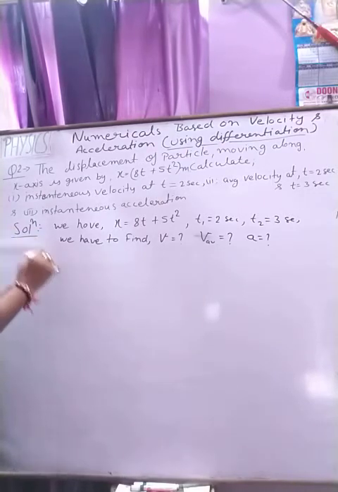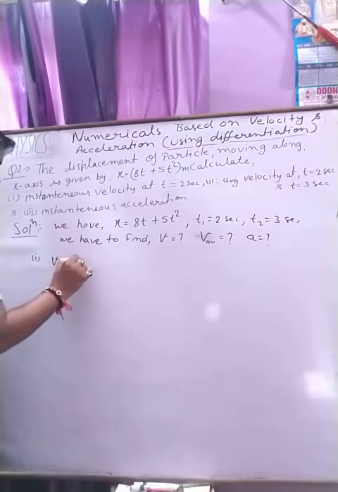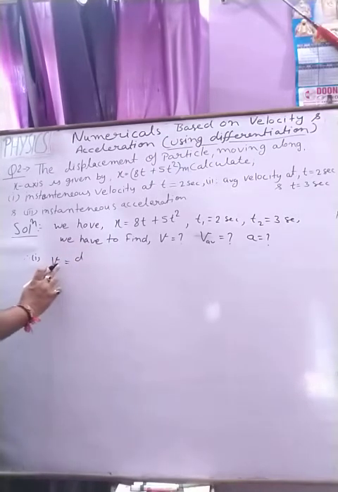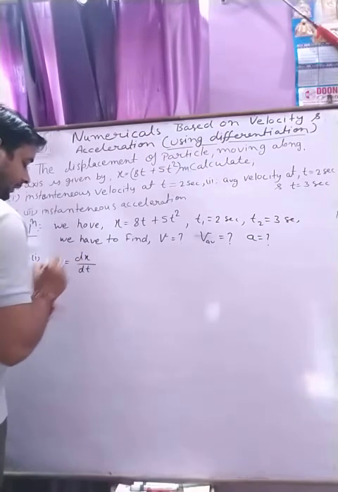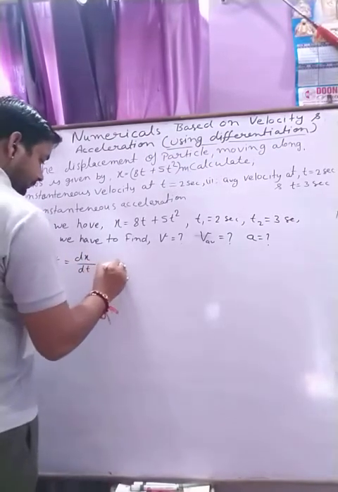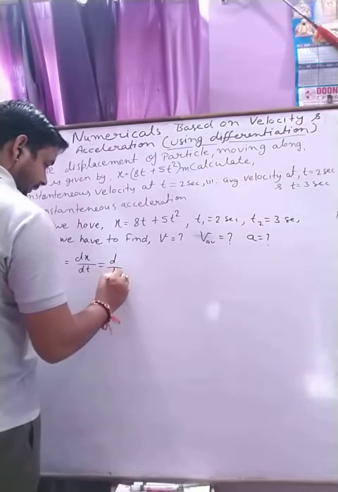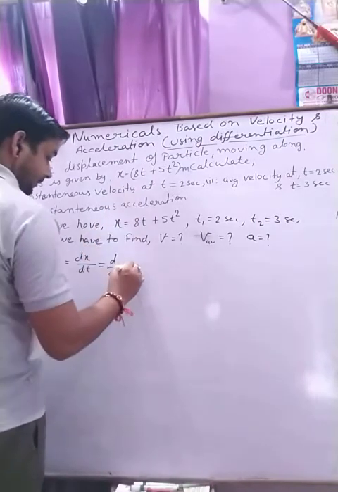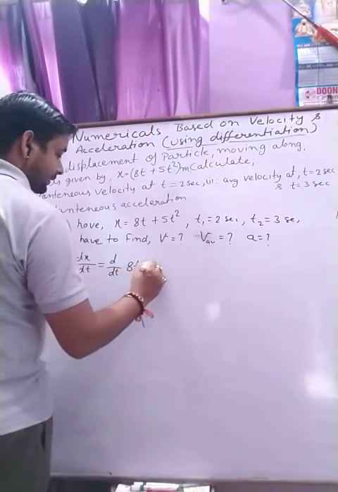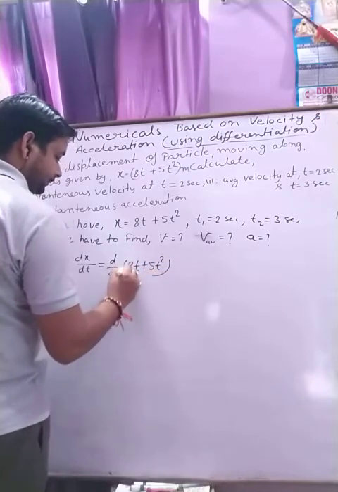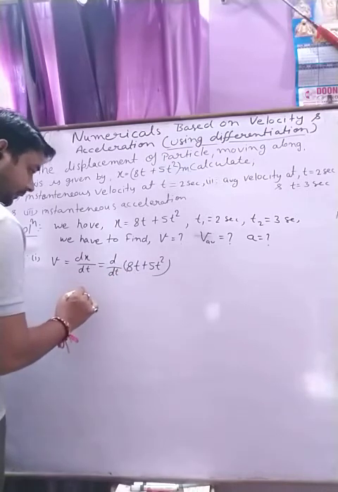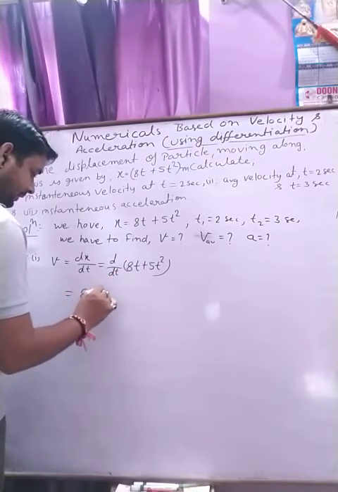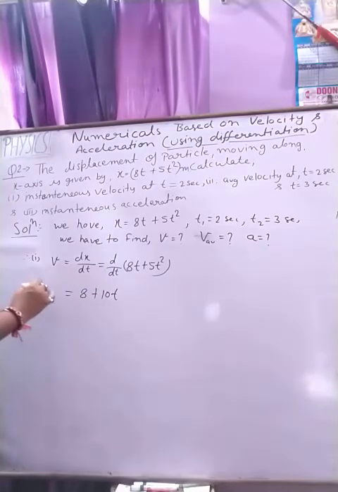For solving this, first we have instantaneous velocity is equal to dx over dt. Therefore value of x is 8t plus 5t square. So we solve this. 8 plus 10t, this is the velocity.